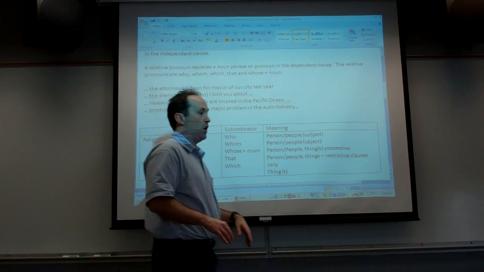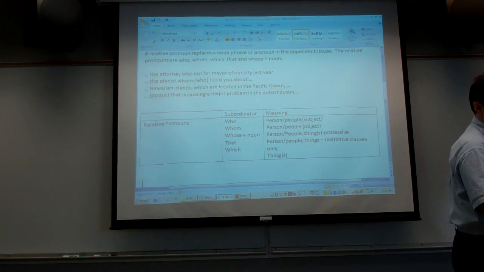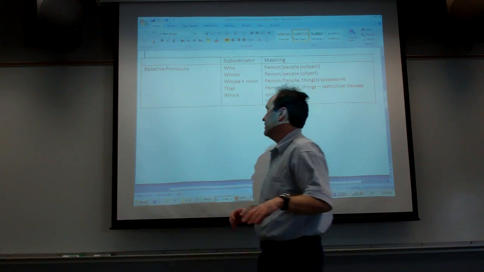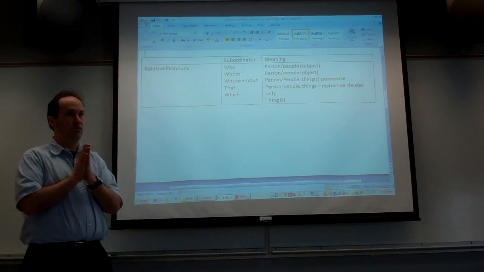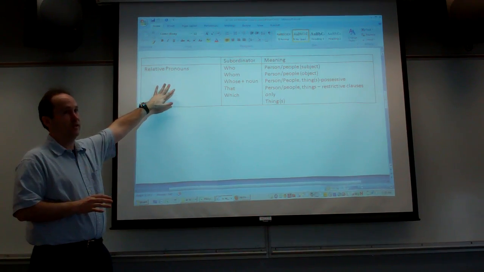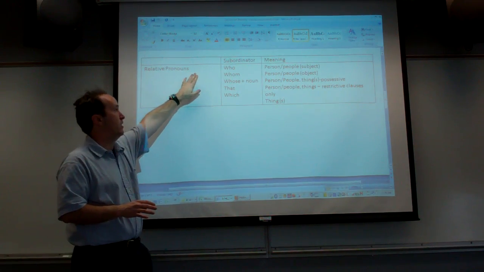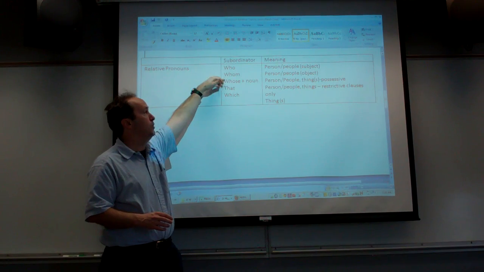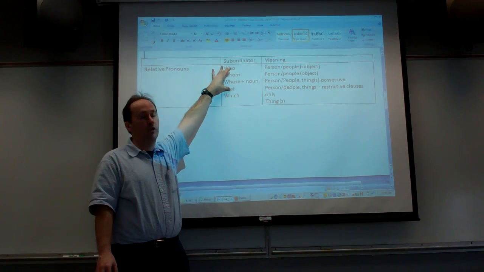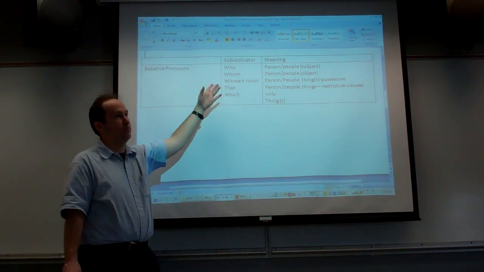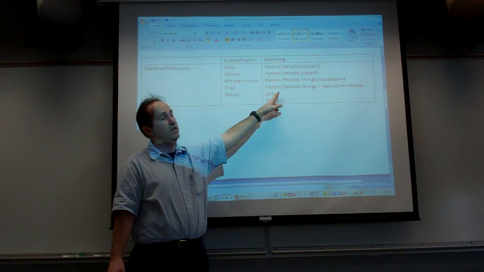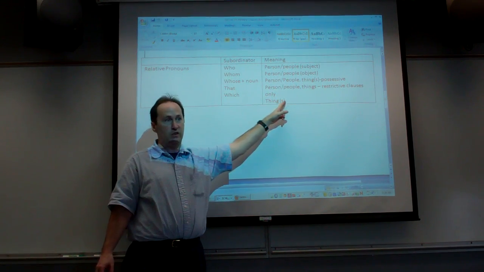Now, here's a chart that concisely has what we are discussing. Here are the relative pronouns: who, whom, whose, that, and which. Notice that who, whom, and whose are for a person or people. That could be used for people or things, but most commonly it's for things.